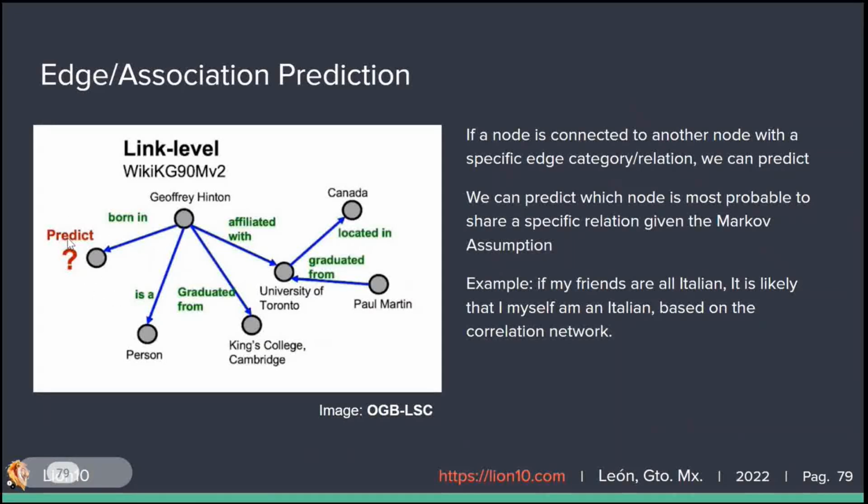Okay, generate a node, and then also generate a relation type. Just for the sake of this example, let's say that we don't know what this relation type is. So in this case, we would predict both a location and a relation type. So, born in.